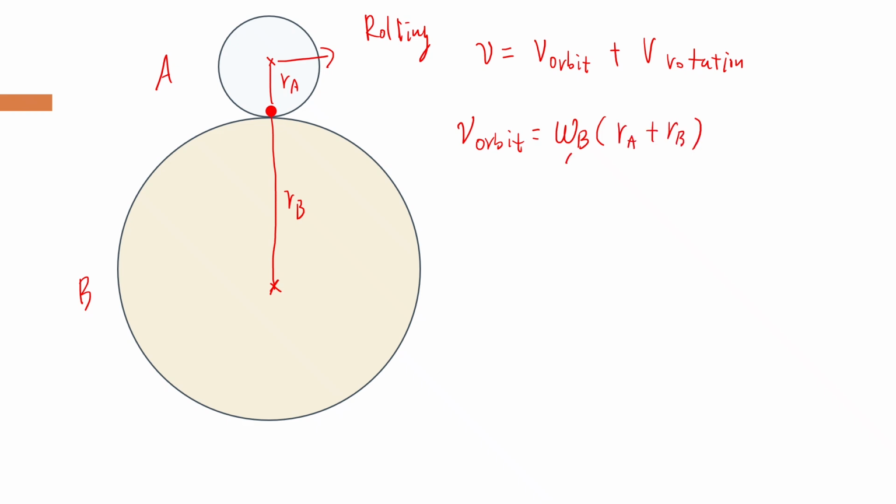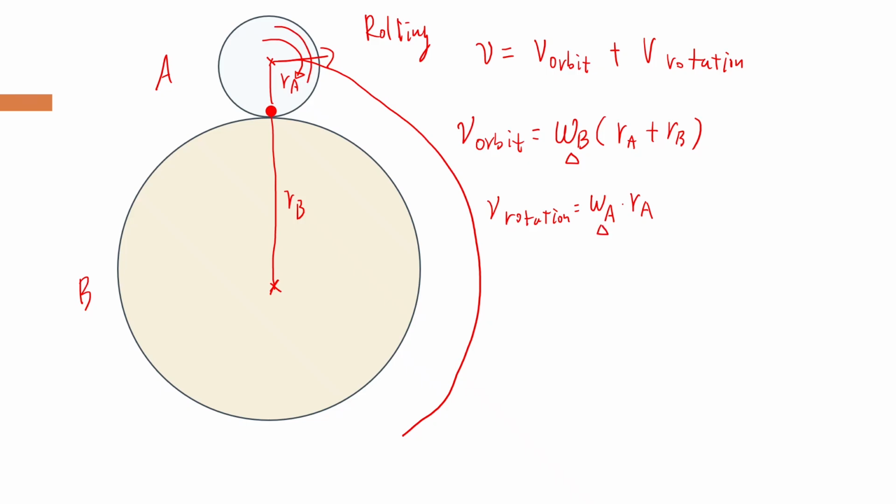So this angular velocity basically says how fast A is orbiting around B angularly. But we know A is also self-rotating. The rotation velocity equals the angular velocity of A itself times its own radius. So this omega A basically says how fast A is rotating angularly.